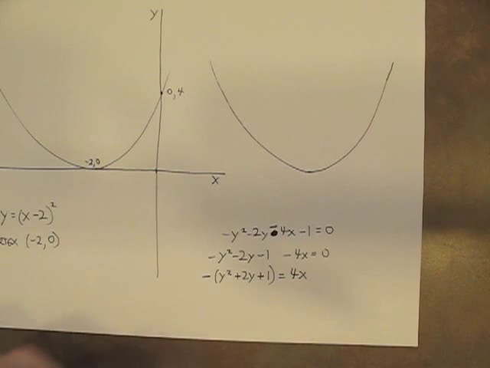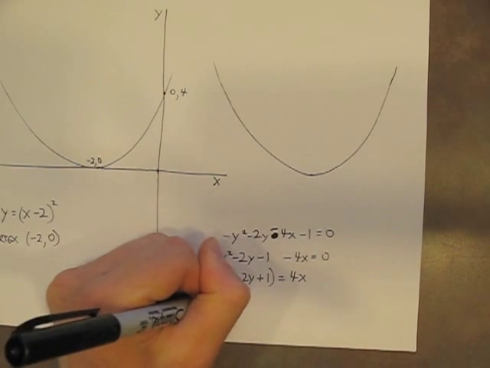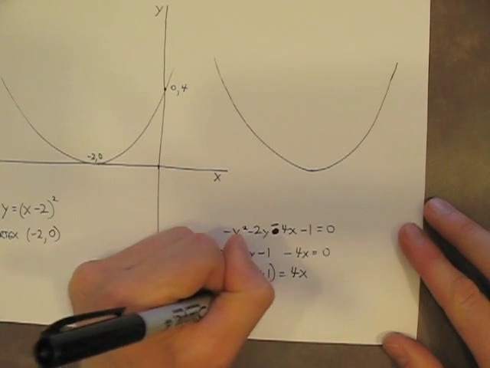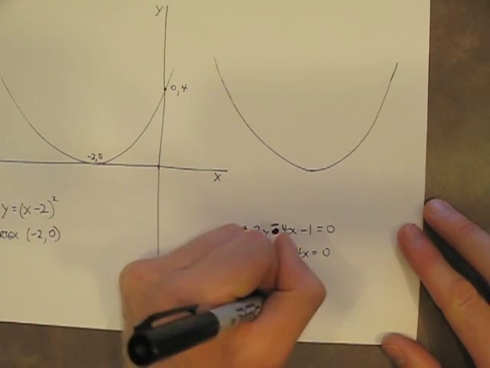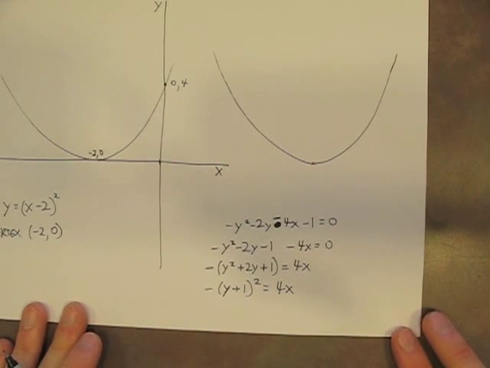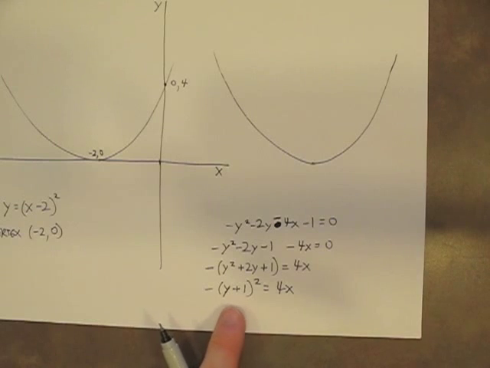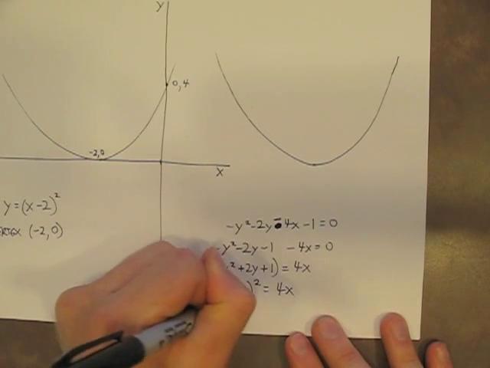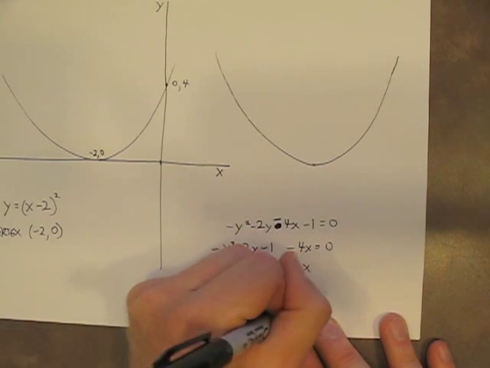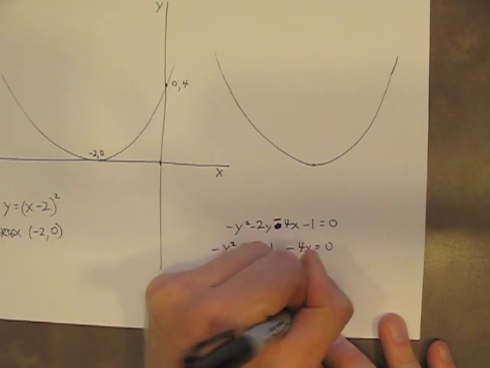And now I'm going to want to do minus y plus 1 squared equals 4x. Okay. So now I've got it, and I'm just going to change it around: 4x equals minus y plus 1 squared.